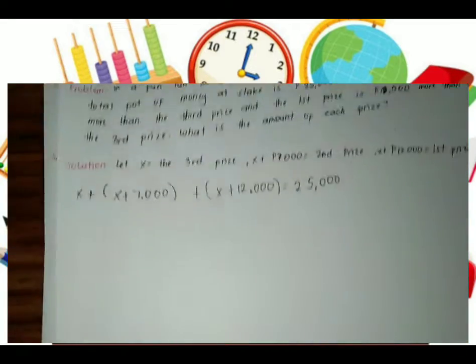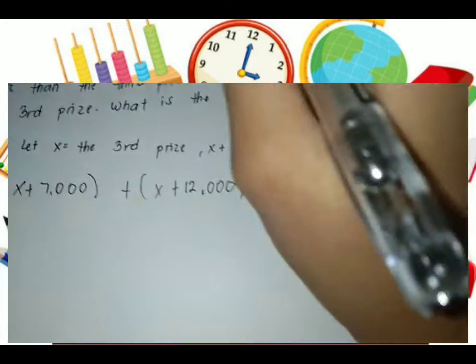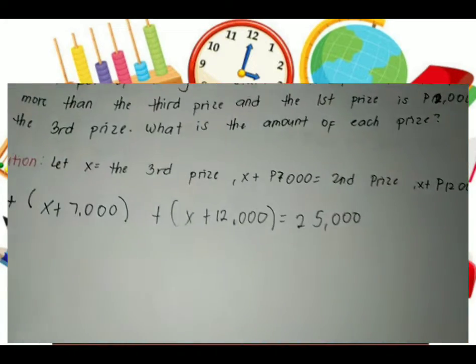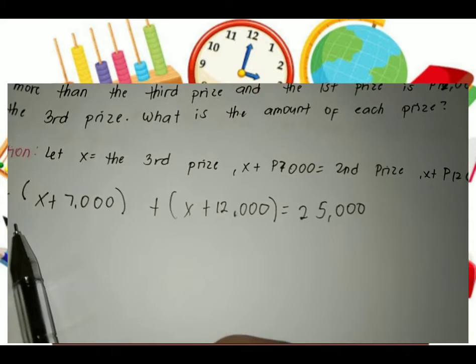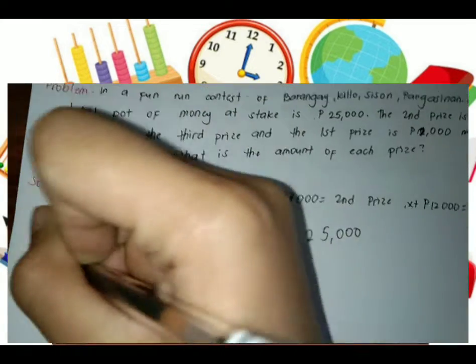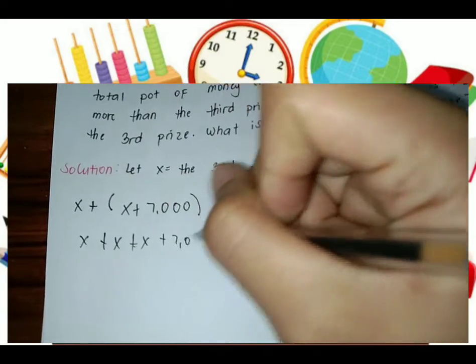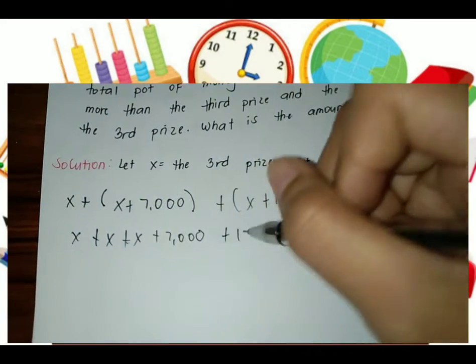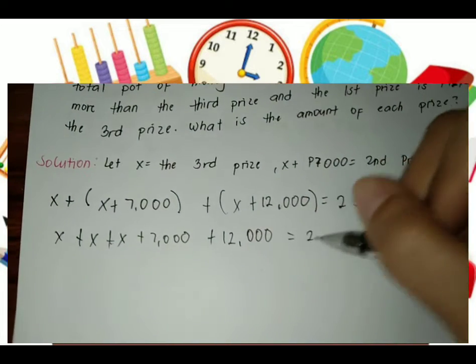Now we are going to multiply it, so we have x plus x plus x plus 7,000 plus 12,000 is equal to 25,000.